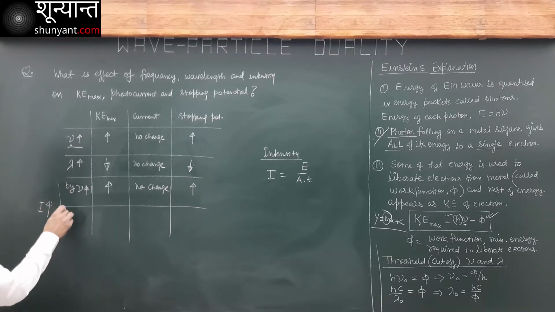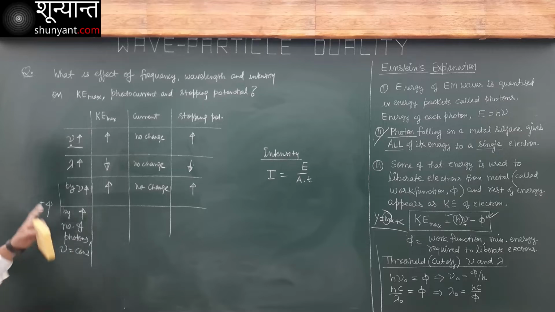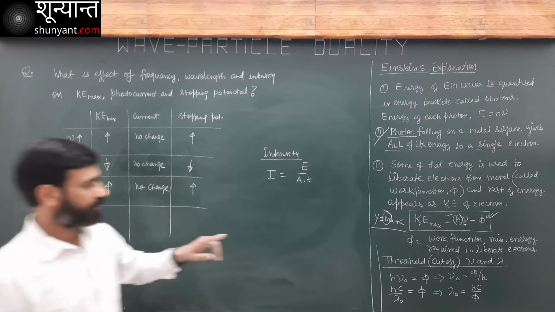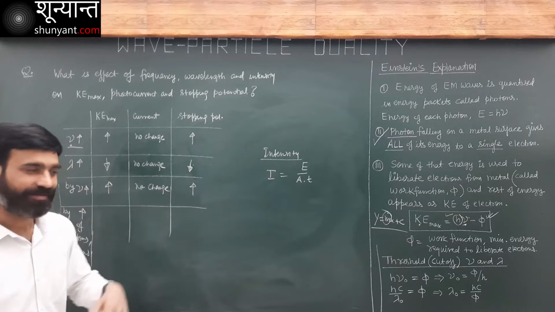And if I am increasing intensity by increasing the number of photons, the energy of photons, frequency, is constant. Energy of each photon remains constant. That means this remains constant, but the number of photons has increased.